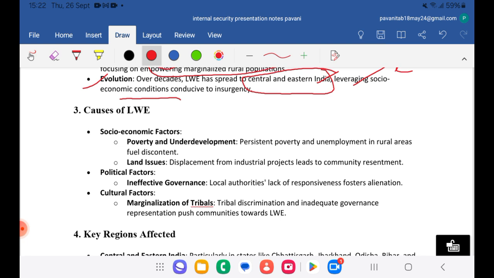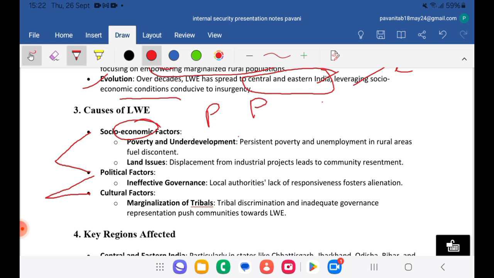There are three important factors to be noted. You can write n number of points here, but three major ones: socio-economic factors, political factors, and cultural factors. What are socio-economic factors? When you talk about economics, you talk about per capita income, poverty, unemployment, underdevelopment, all these things.